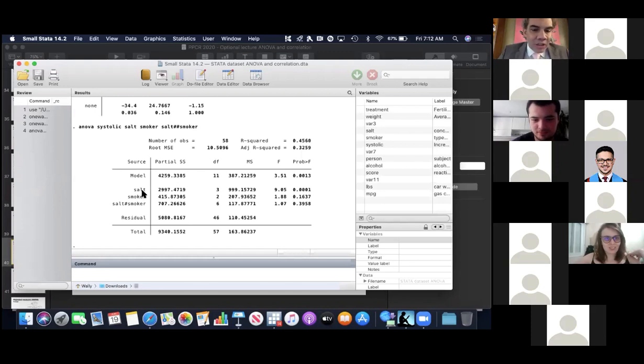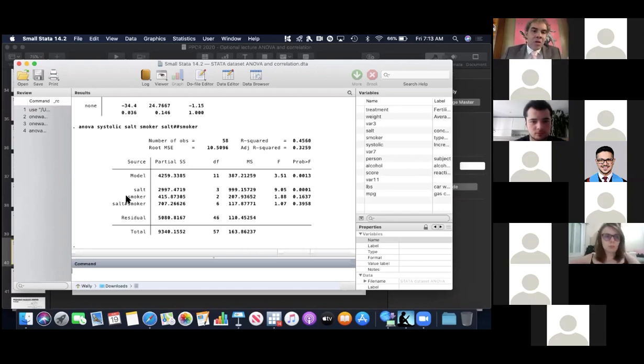Let's see what it says about my salt diet. These are my sum of squares of salt diet, my degrees of freedom, my mean squares, my F statistic, and it's statistically significant. So we see here that one or more of the salt groups is statistically significant for increasing my systolic blood pressure.